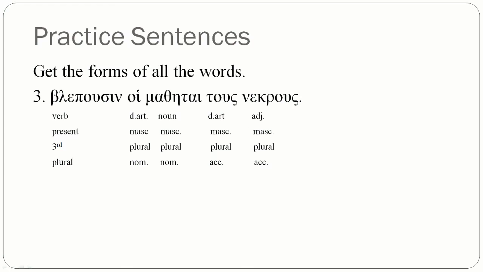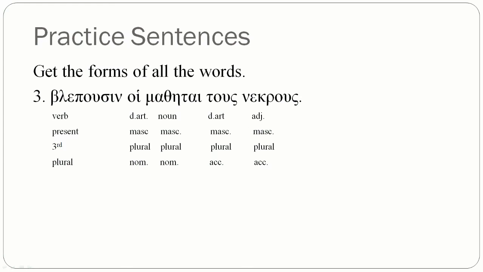Now the adjective here is necrus in this sentence. How is this adjective being used? All right. Is there a noun that is with this article and adjective? Well, you have a noun, mathetai, but notice that mathetai cannot be associated with necrus because mathetai is masculine, plural, nominative, whereas necrus is masculine, plural, accusative.